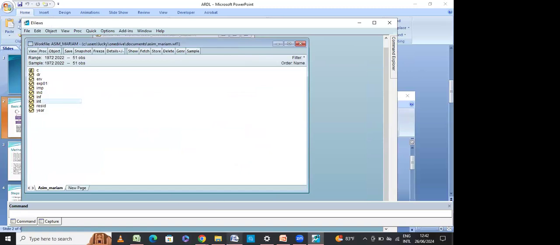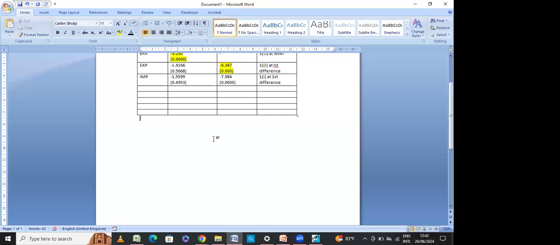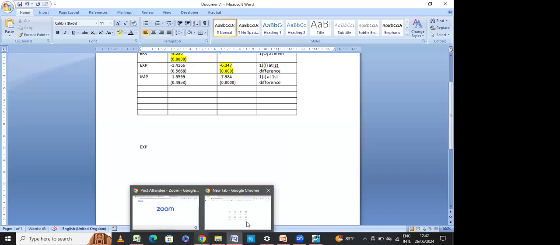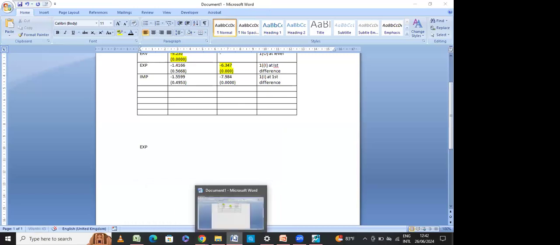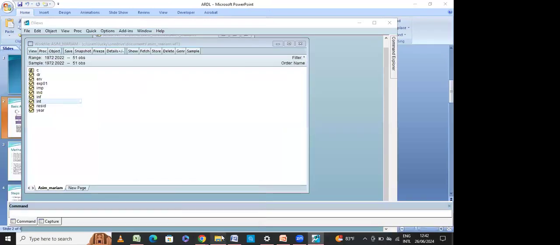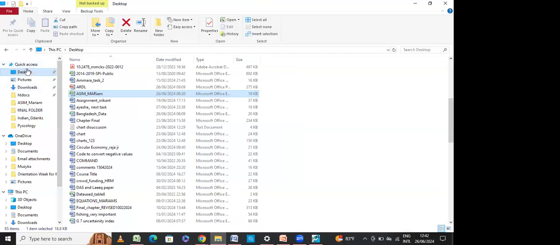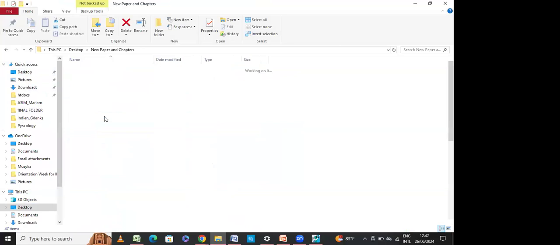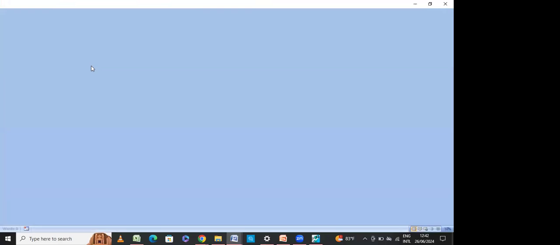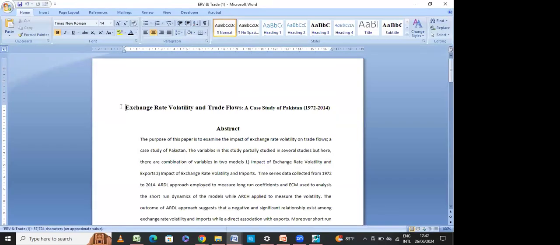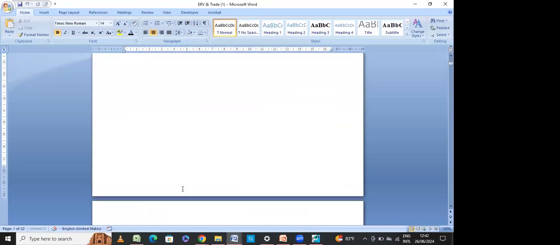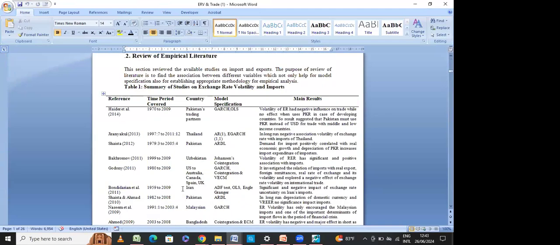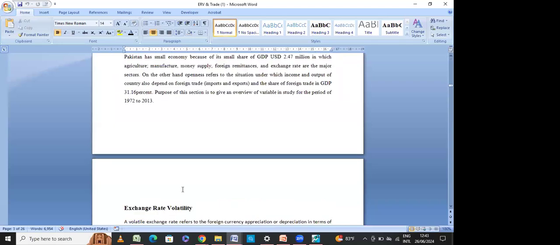First of all, what I'm going to check here, why I'm using ARDL estimation. I am going to check the impact of import and export on exchange rate volatility.